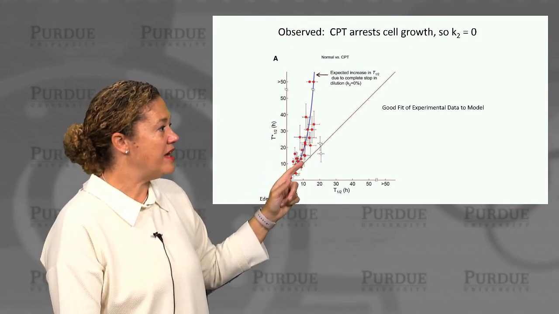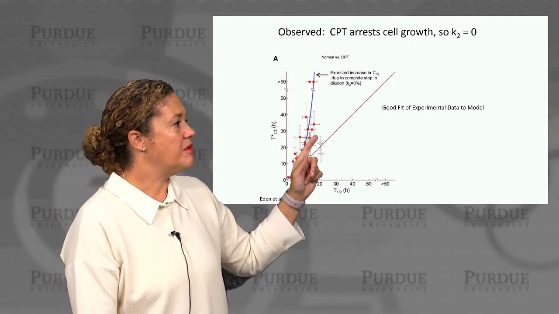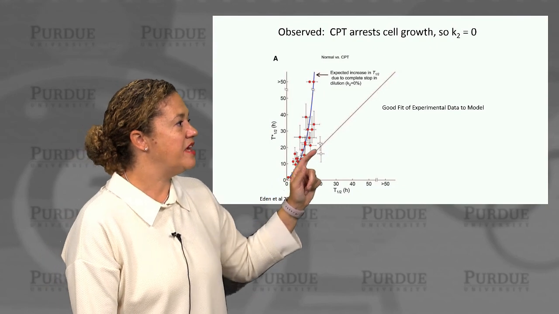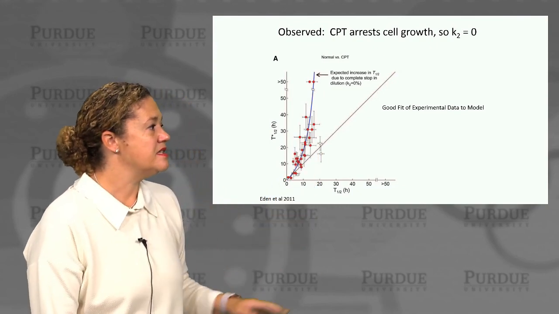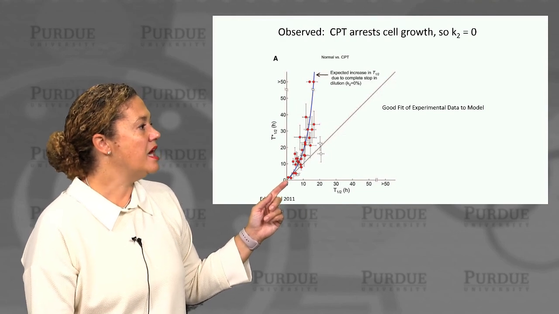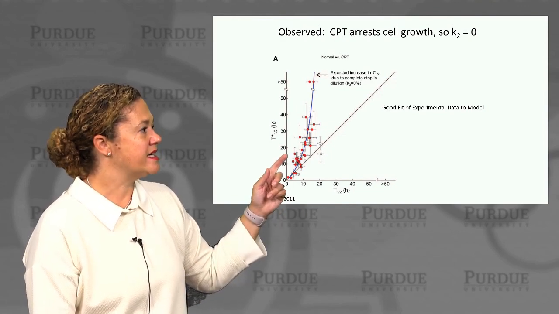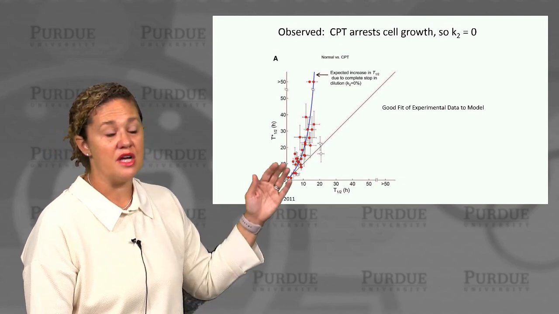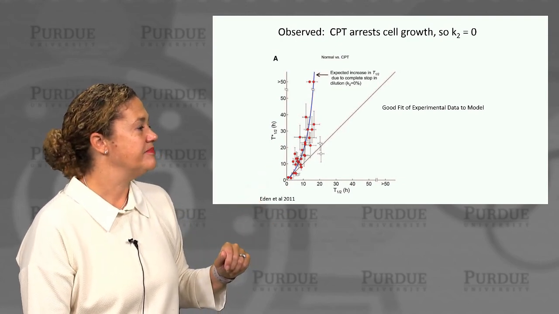And they fit what you have here, the red dots are their actual data, and the blue line is the fit from the model. And as you can see, both qualitatively and quantitatively, the model was able to predict and have a good fit to the experimental data across the proteins that they looked at.